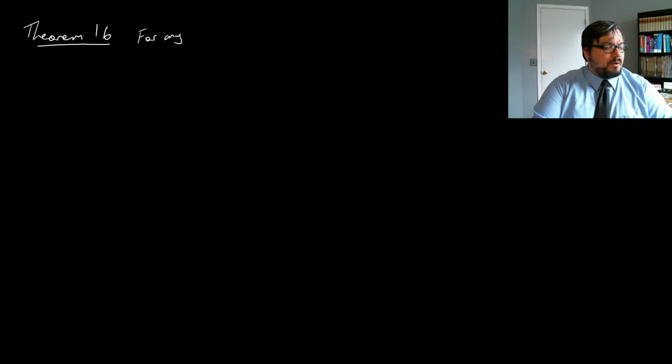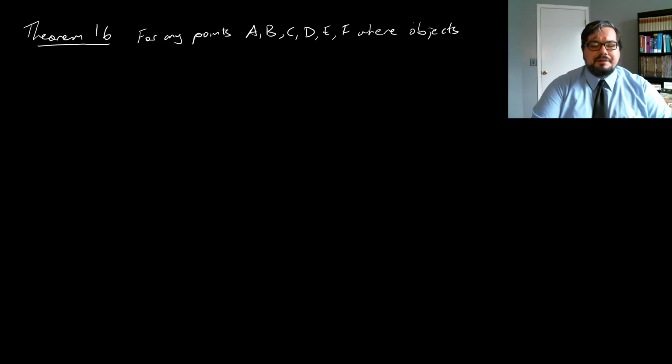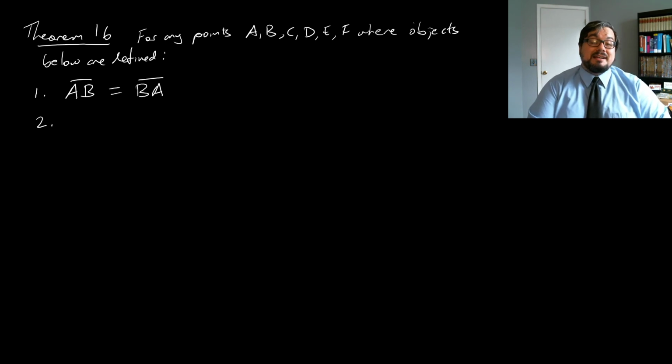For any points A, B, C, D, E, F, where the objects below are defined, part 1, the segment AB is the same as the segment BA, and that comes from the fact that betweenness doesn't care about the order of the two things on either side.